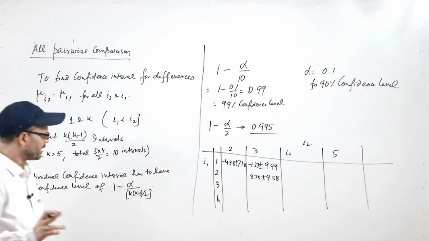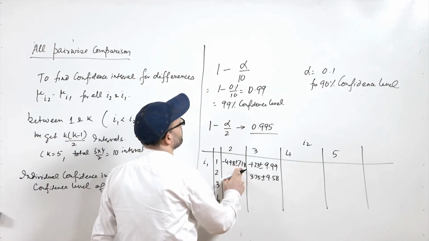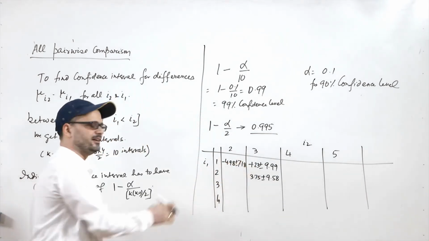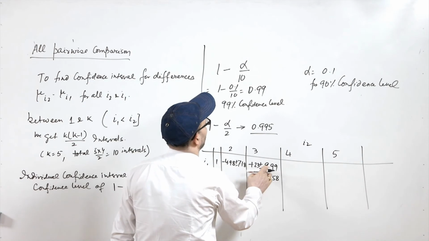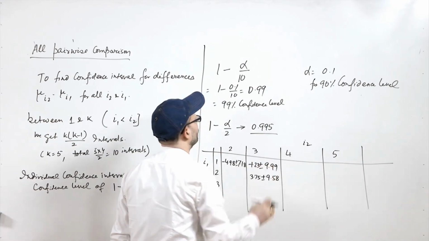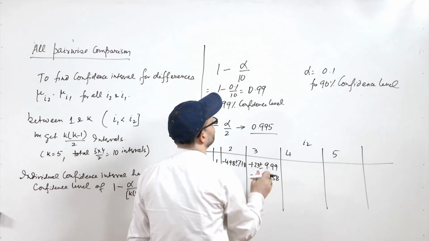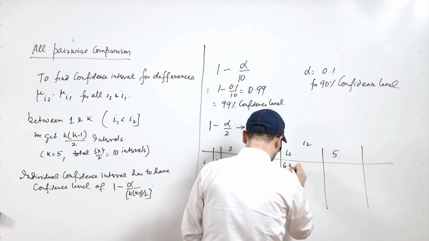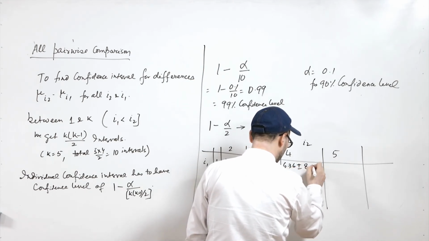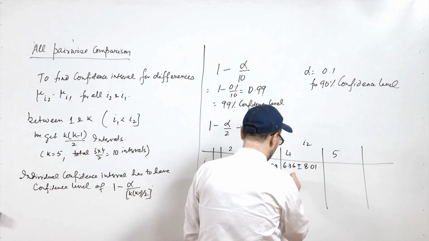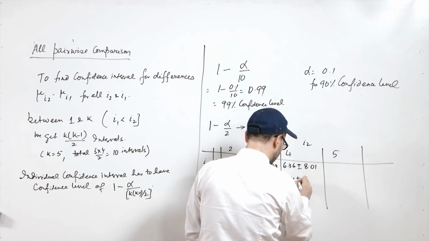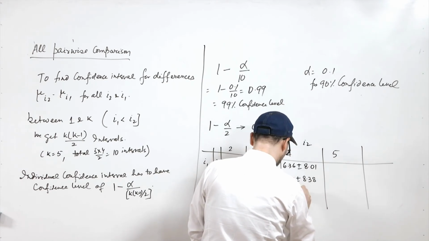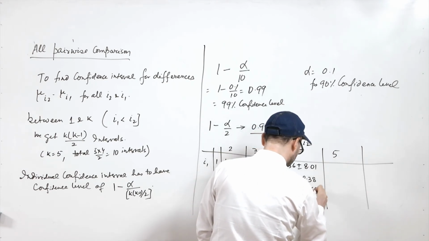So, we can see that in this we are getting minus and plus, so it will be containing 0. Here again you will have 0. Now, we go to 4 minus 1 and 4 minus 2. So, 4 minus 1 will be 6.36 plus minus 8.01, and then 11.34 plus minus 8.38, and similarly 7.60 plus minus 5.66.